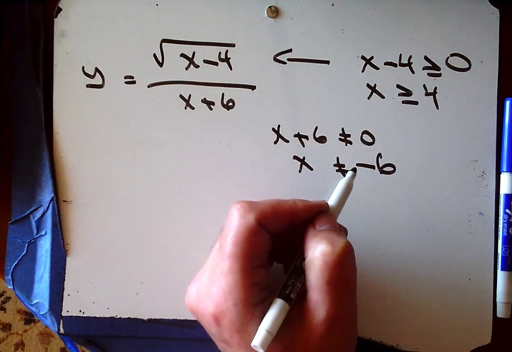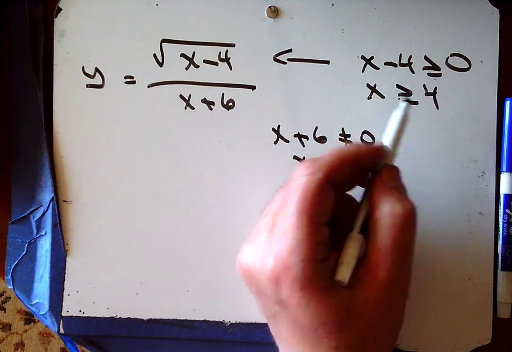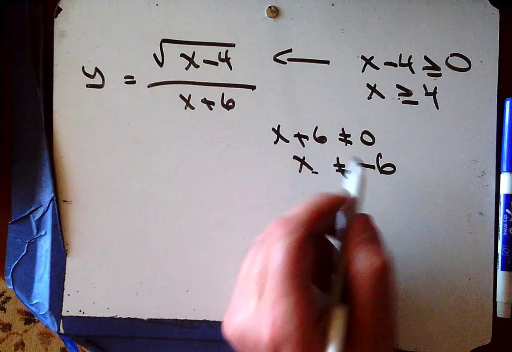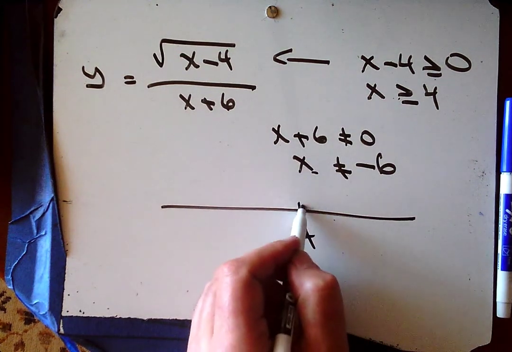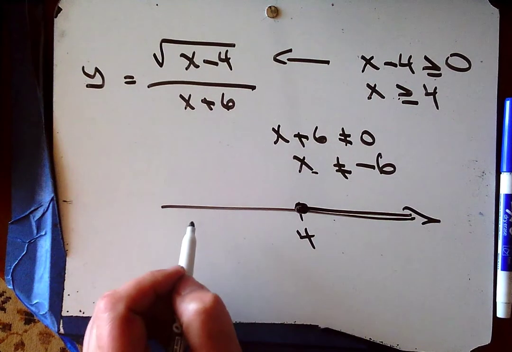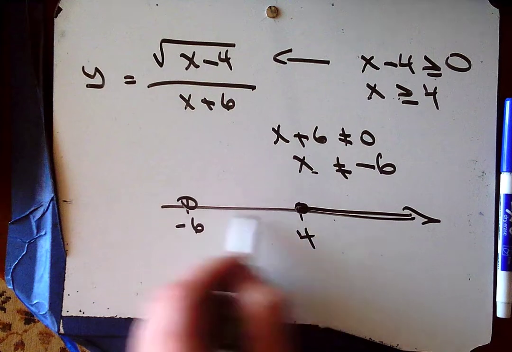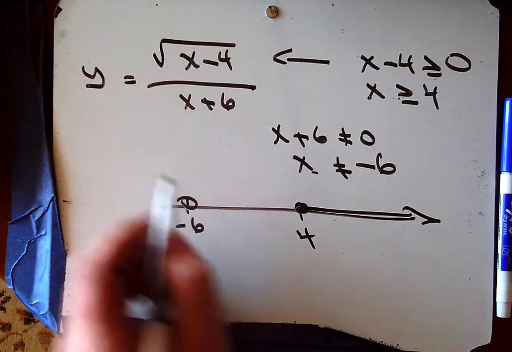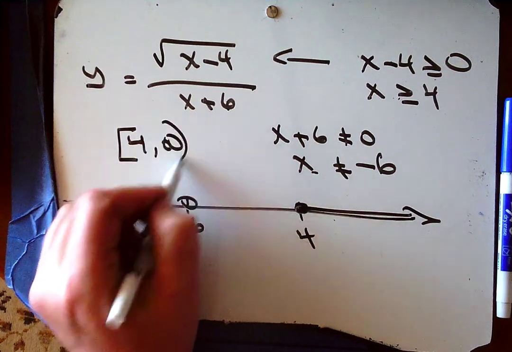Well, are they fighting about that? This one says, hey, I got to be greater than or equal to 4. And this one says, you can't be negative 6. I didn't want to be negative 6. I just wanted to be greater than or equal to 4. So, okay, I'm not going to be negative 6, but I'm not going to be any of these anyway. So my domain here is positive 4 to infinity.